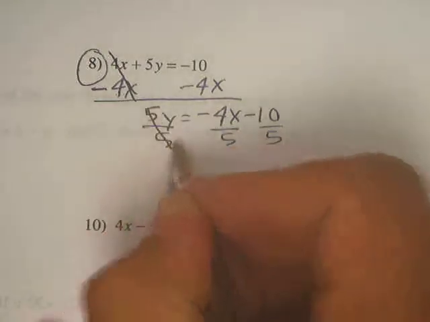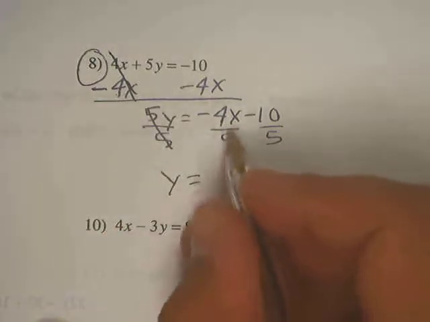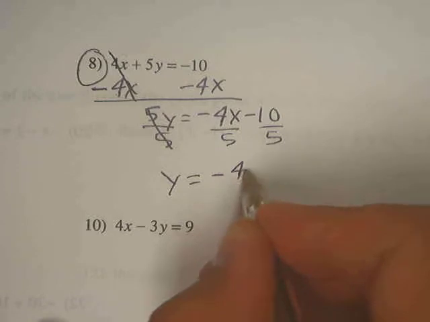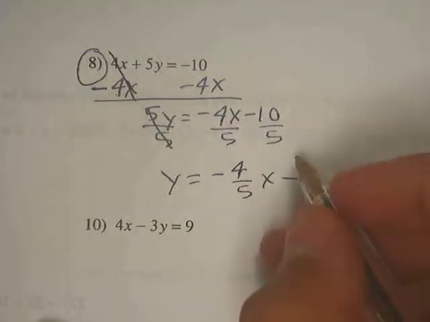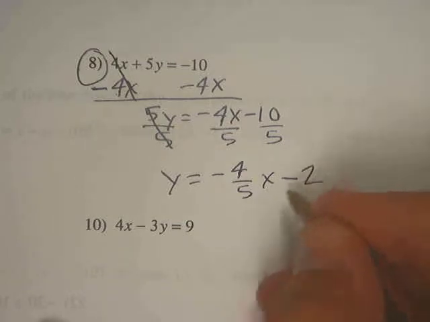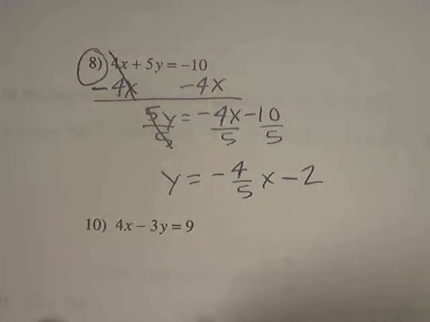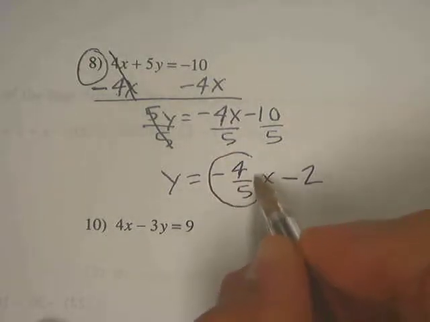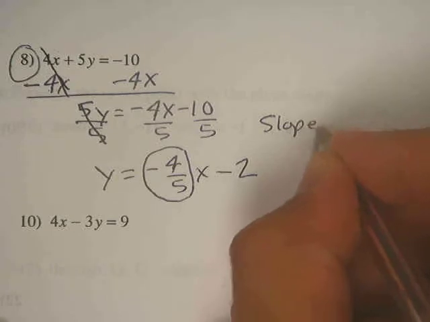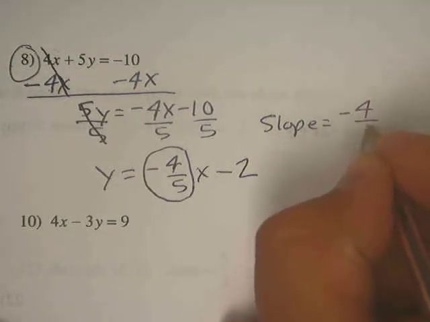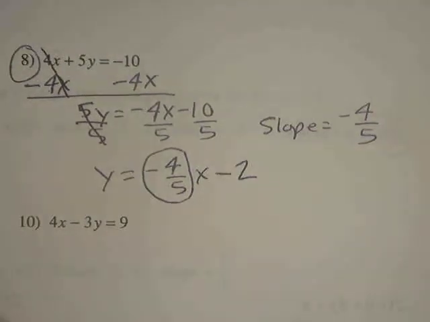All right. After that, divide by 5. Okay, y is equal to negative 4 over 5x minus 10 divided by 5, which is 2. The slope in y equals mx plus b form is that right there. So slope is negative 4 over 5, negative 4/5.